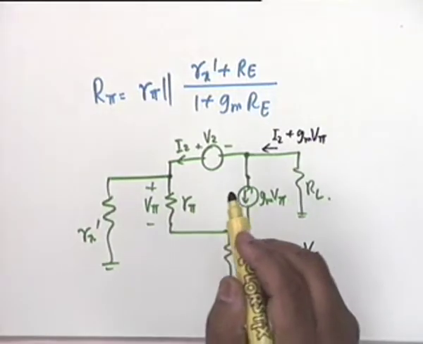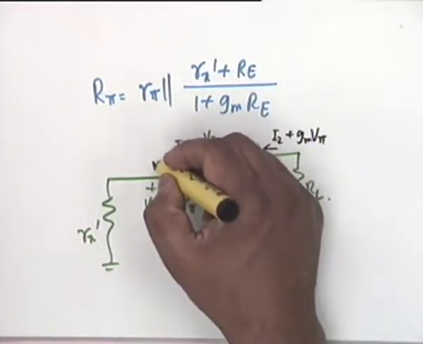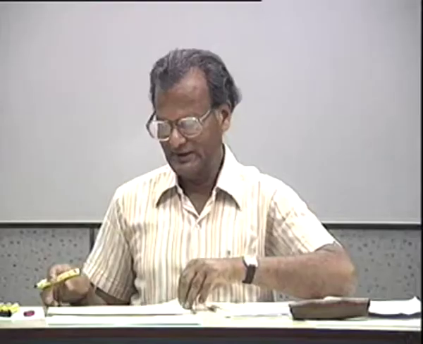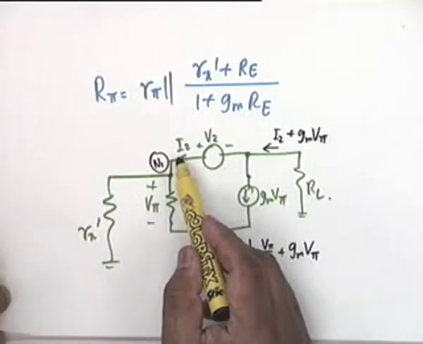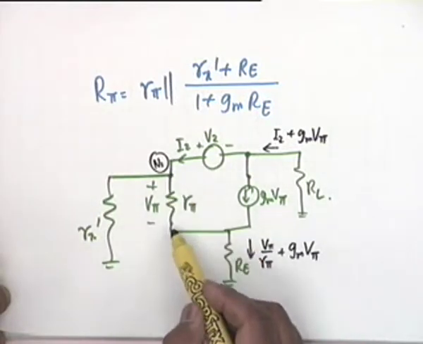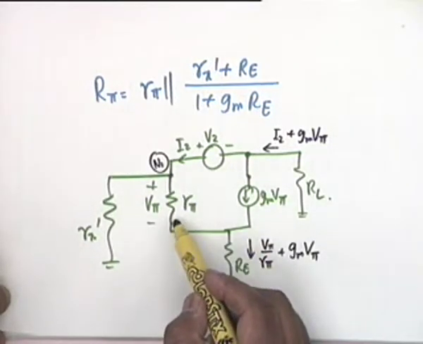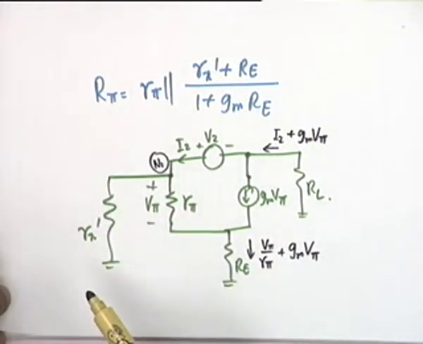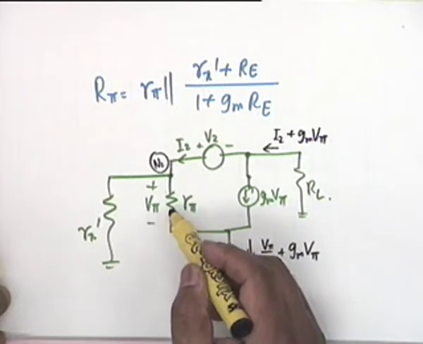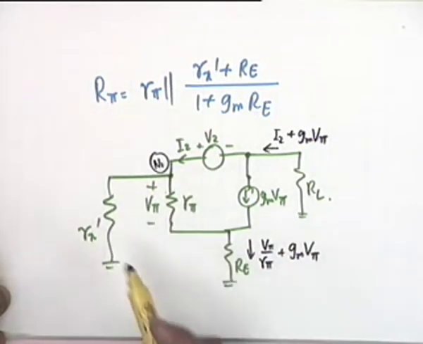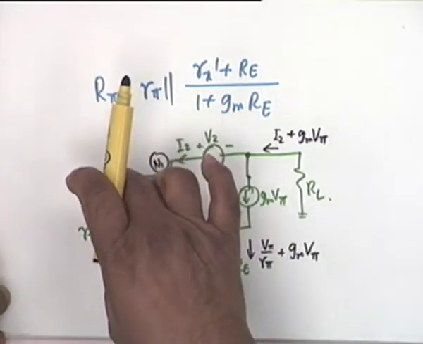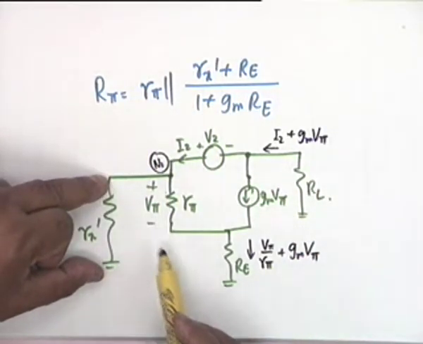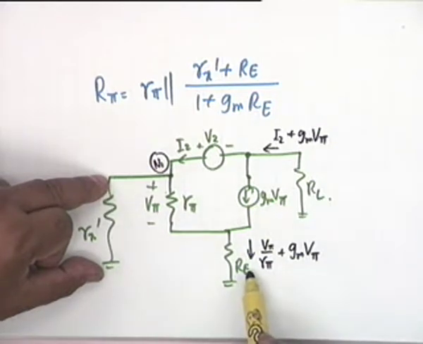Now if you write a KCL at node N1, then you get I2 as equal to V pi by R pi, this current, plus the current through Rx prime. Now for the current through Rx prime, you require the voltage across Rx prime, which is obviously V pi plus this current multiplied by Re.